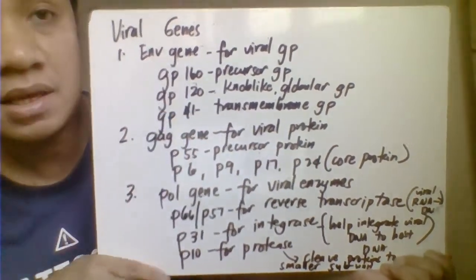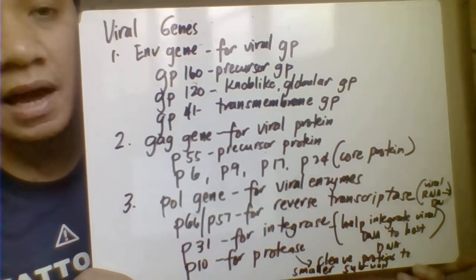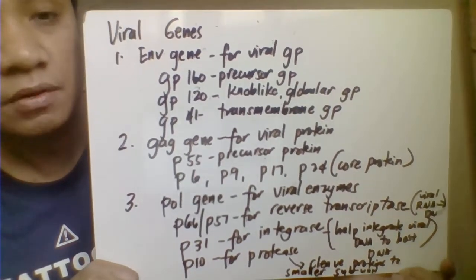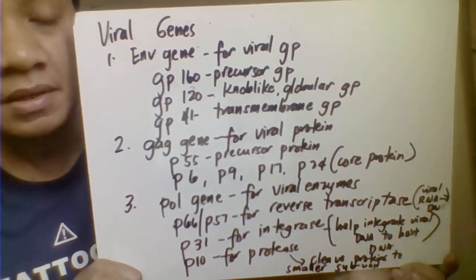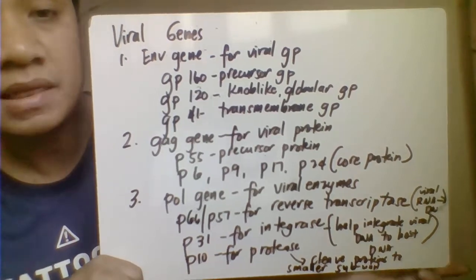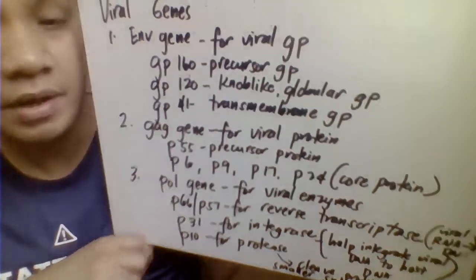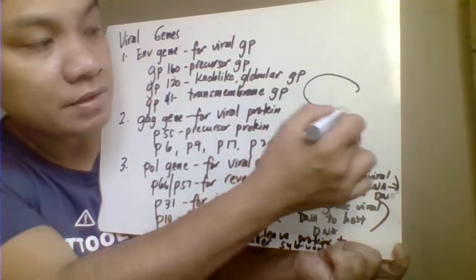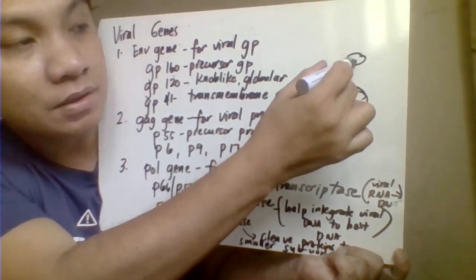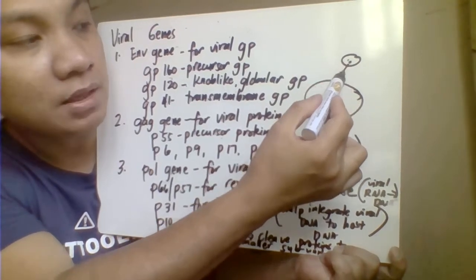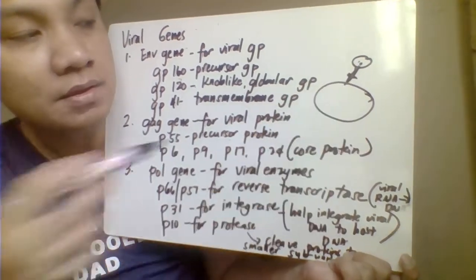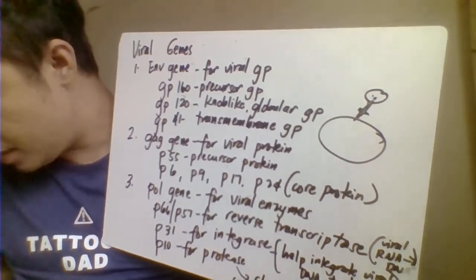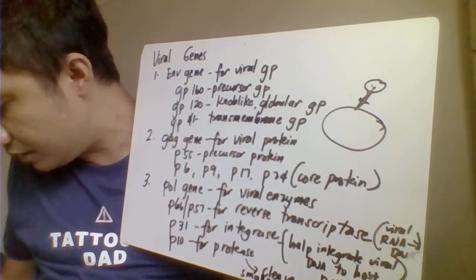The GP120 is a knob-like structure, the outer globular structure which is utilized by the virus to attach to the CD4 positive cell as its main target cell. We also have the transmembrane protein, GP41. So for example, this is your virus, this is GP120, and this is your transmembrane protein, GP41.